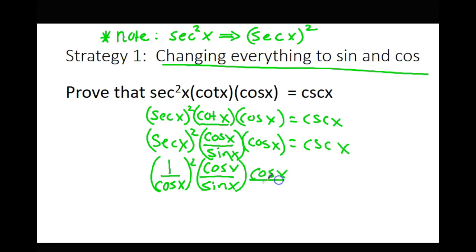Just for the heck of it, I'm going to go ahead and make this a fraction just so it matches all the other ones too, by the way. And we can also do cosecant. Cosecant can be rewritten as what? 1 over sine. Okay.